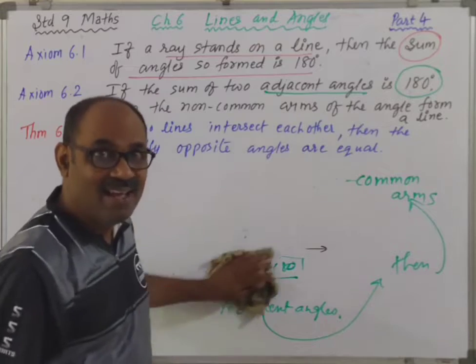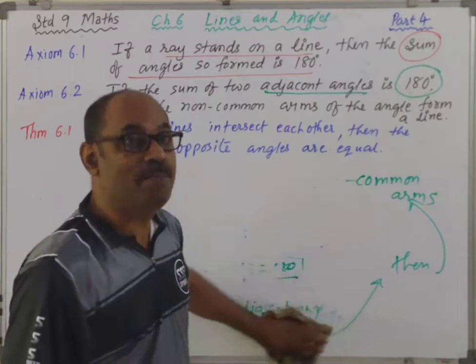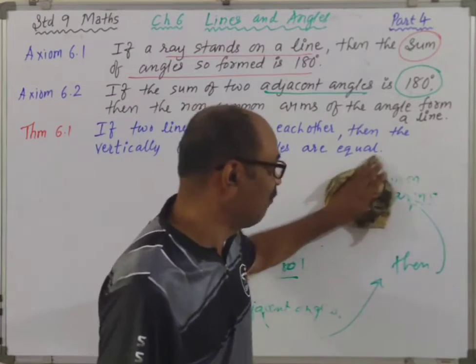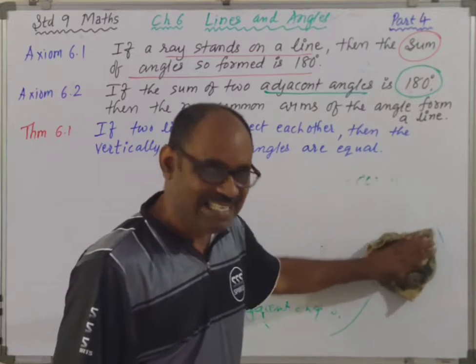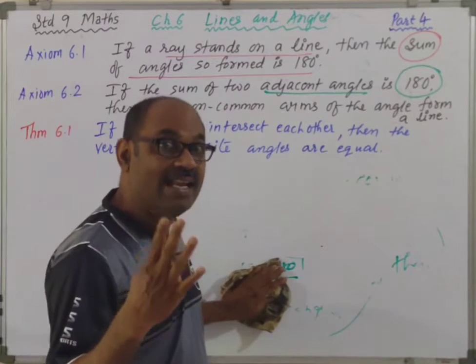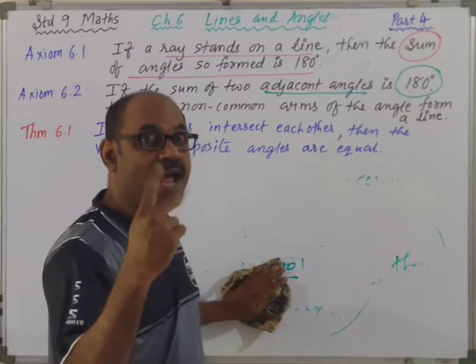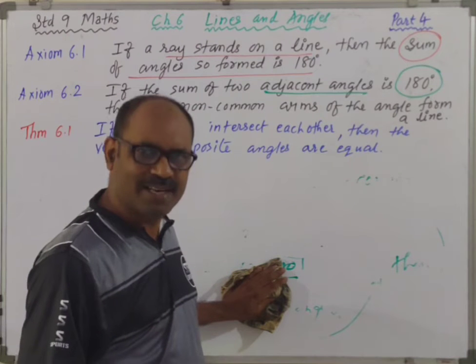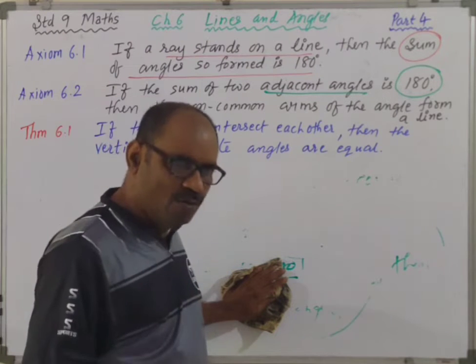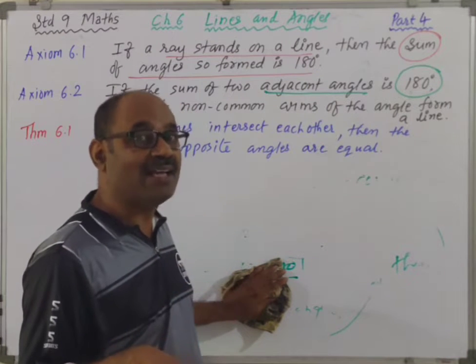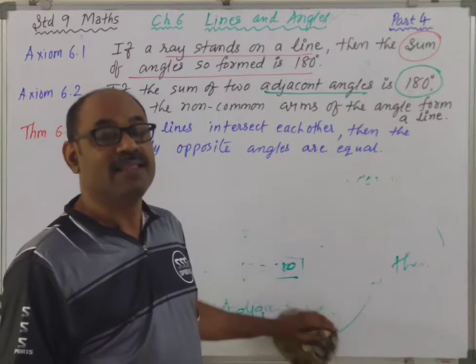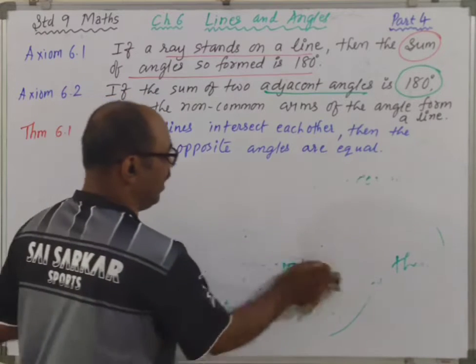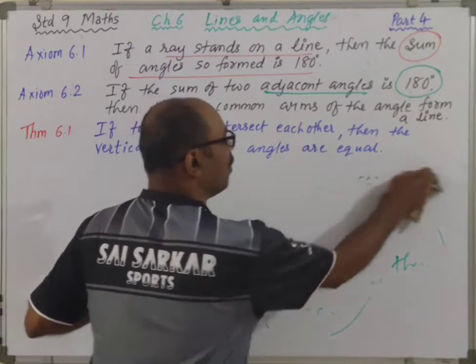You know that when two lines intersect, how many pairs of vertically opposite angles are formed? Do you remember, children? Yes. Four linear pairs of angles are formed and two pairs of vertically opposite angles are formed. We have to prove that these two pairs of vertically opposite angles so formed are equal. They are congruent. Okay? Equal means congruent.